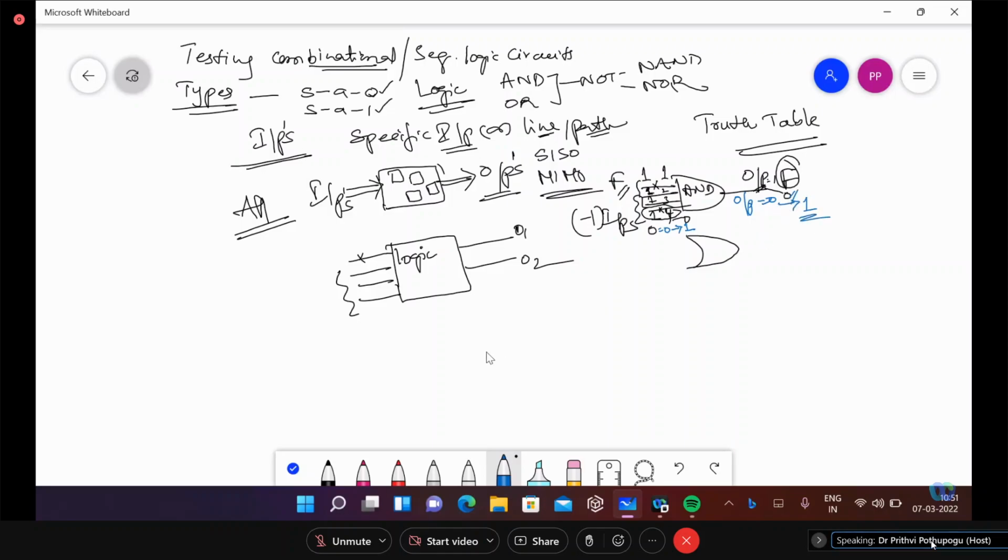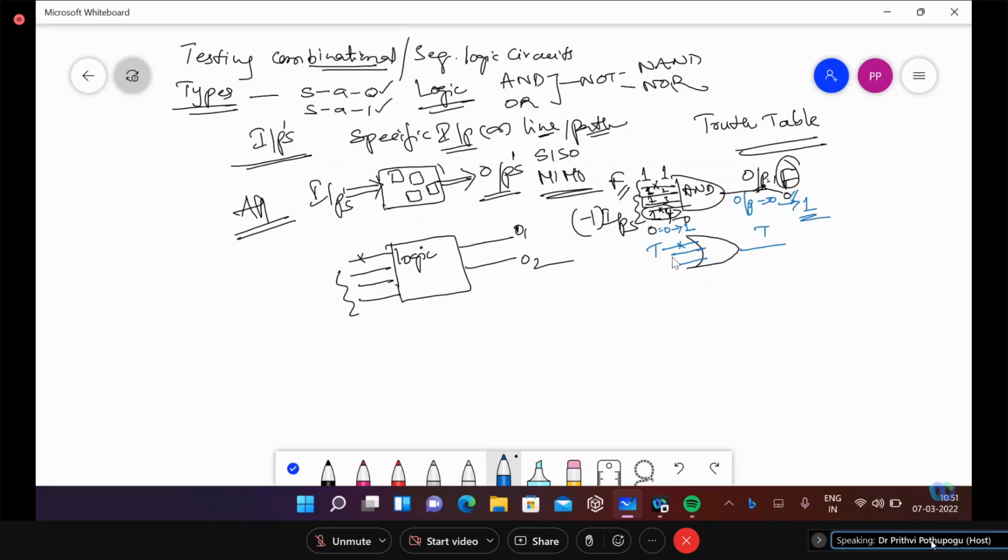What is the basic concept? Whatever fault you want to find, the complement of that value will be tied to that input. That is a simple logic. Okay, the complement of the test value you are taking. So for OR logic, if any one of the inputs is true, the output is true. Now comes how to isolate the other inputs.